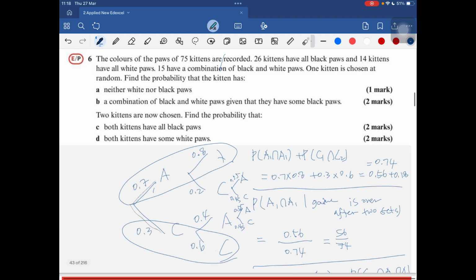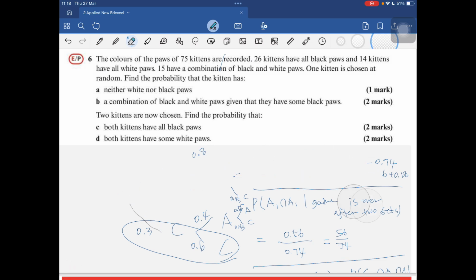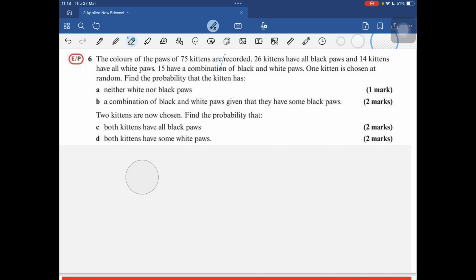Color of the pose of 75 kittens are recorded: 26 all black, 14 all white, 15 combination. One kitten is chosen at random, neither white nor black pose. Okay, so black and white.